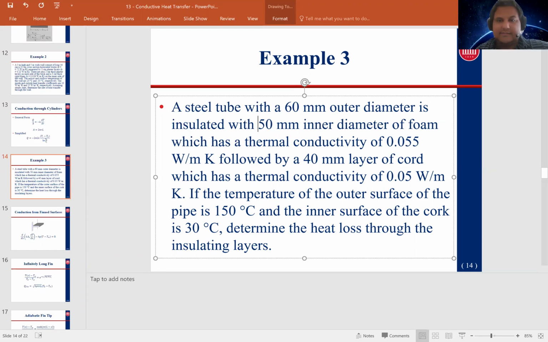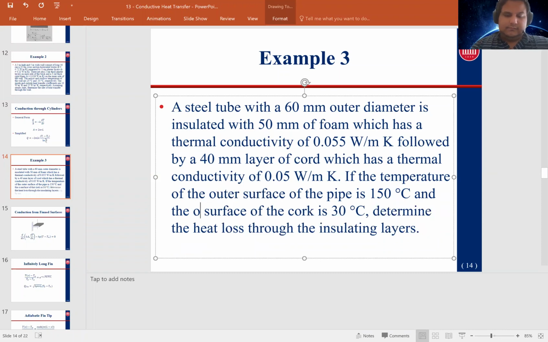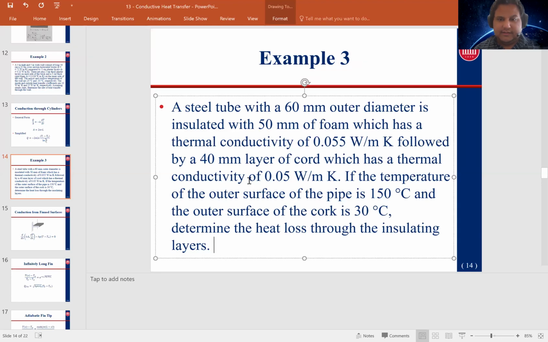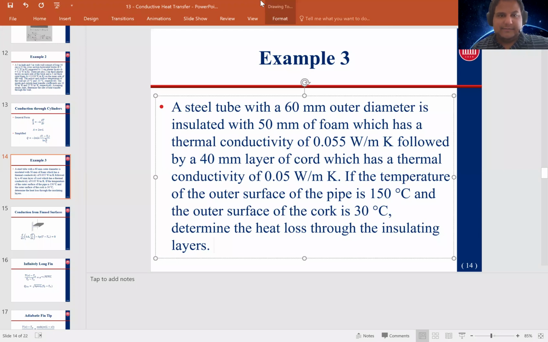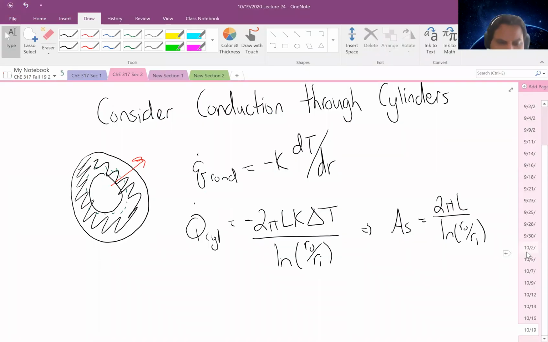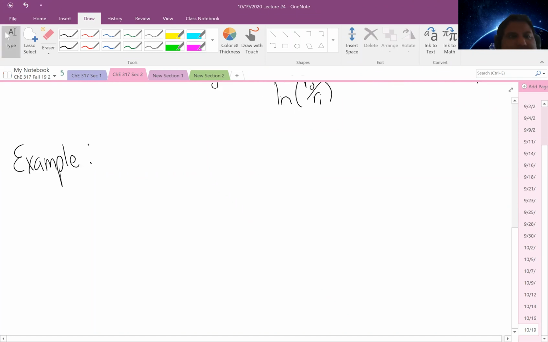I should probably update it. Yeah, I'm going to adjust this problem to make it a little easier. So I'm going to draw this to kind of show you what I'm getting at. And I'll update it in Blackboard.